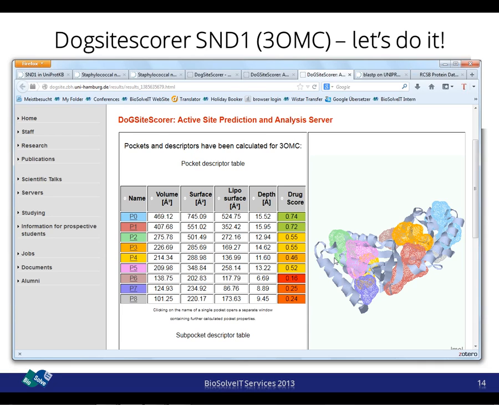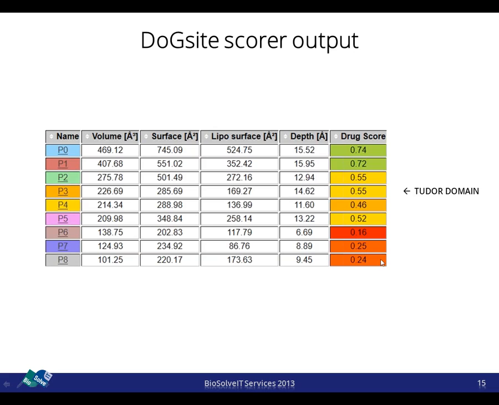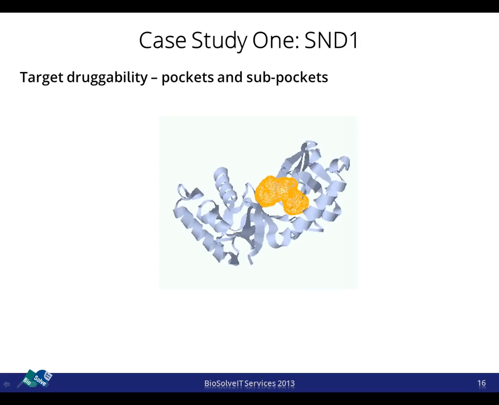Because I've been working with this for a while, I know that this region here, P3, is our tutor domain of interest, which scores at 0.55. Obviously not as good as a 0.7 or 0.74, but one thing to bear in mind here is that this is our original domain.